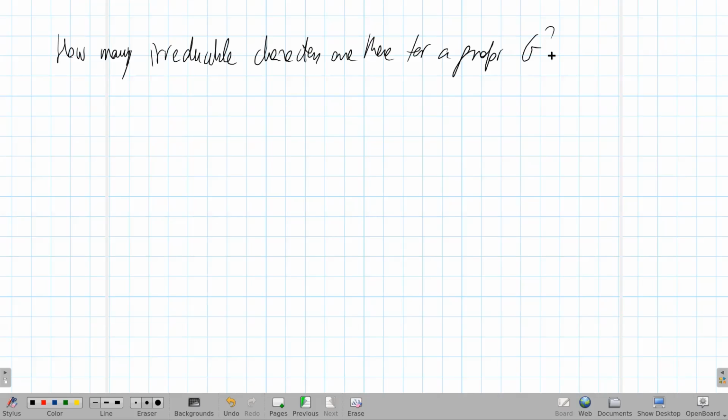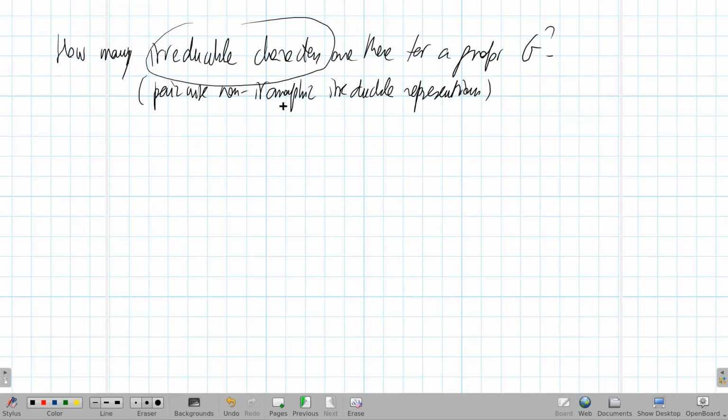Let me use this language. Why is this language convenient? Because otherwise I should have said, and I'll write this down, how many pairwise non-isomorphic irreducible representations? So instead of irreducible characters, I could have said pairwise non-isomorphic irreducible representations, which is longer and more involved, okay?